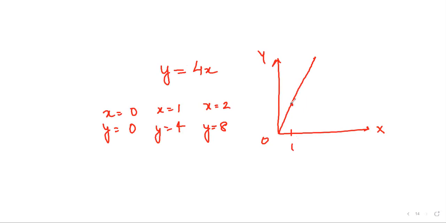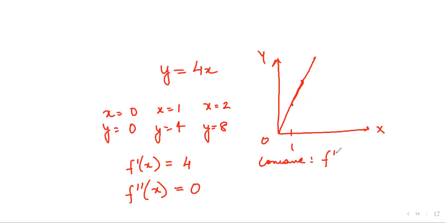Now, I take 2 points and they don't lie below the graph. They don't lie above the graph. But what do I do? I find f'(x). f'(x) will be 4. I find f''(x). f''(x) will be 0. What's the definition of concave? Concave is f''(x) less than or equal to 0. What's the definition of convex? f''(x) greater than or equal to 0.